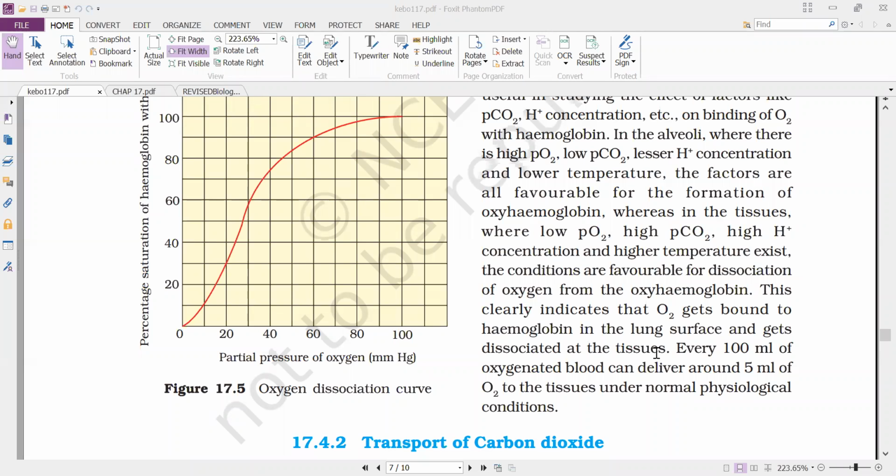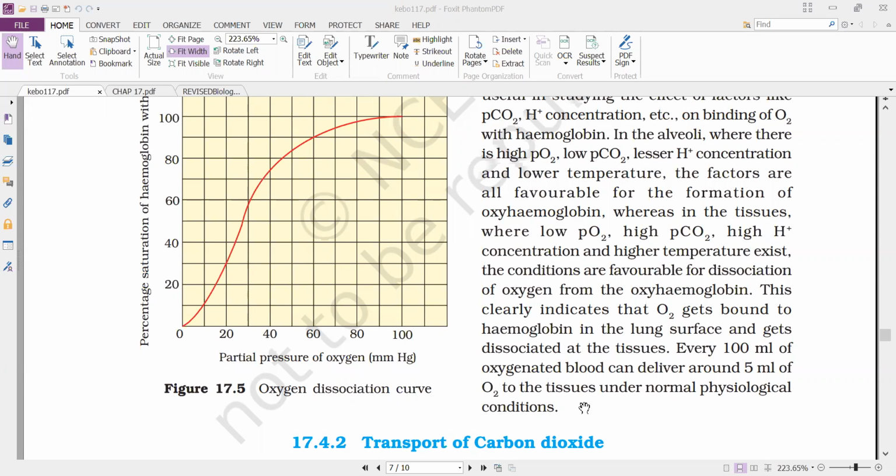Every 100 ml of oxygenated blood can deliver around 5 ml of oxygen to the tissues under normal physiological conditions. In a normal healthy person, 100 ml of blood will deliver 5 ml of oxygen to the tissues.